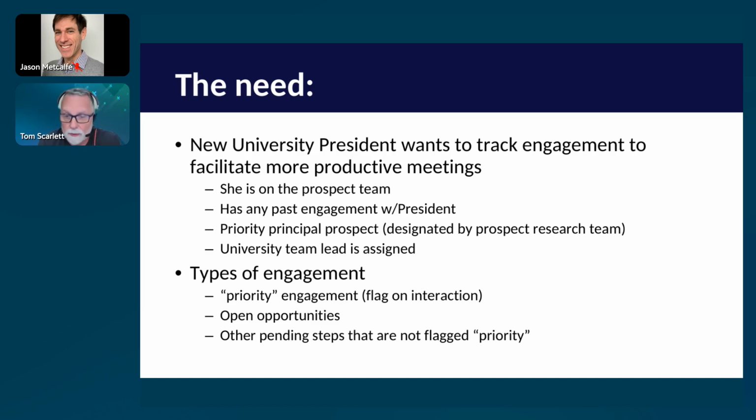She also wanted to know about open opportunities for anyone in this universe that she identified, and other pending steps. Even if they're not flagged priorities, she still wanted to see what's out there. So that was the first email we got, saying, this is what I'm looking for.